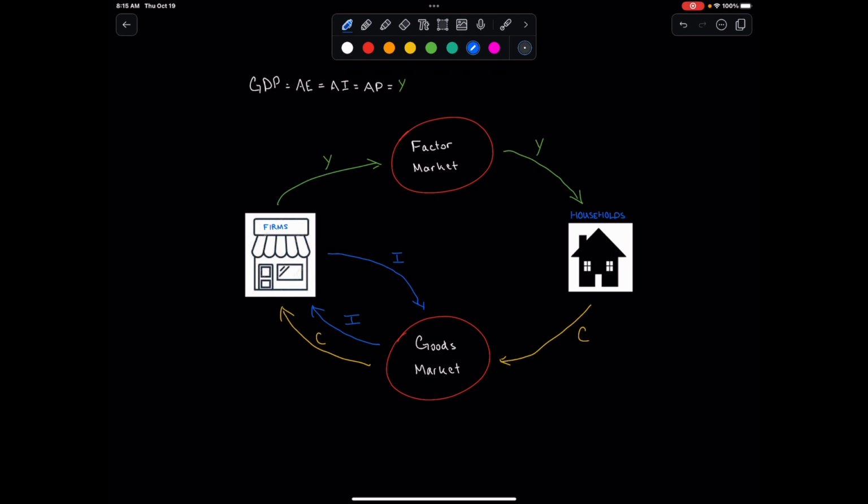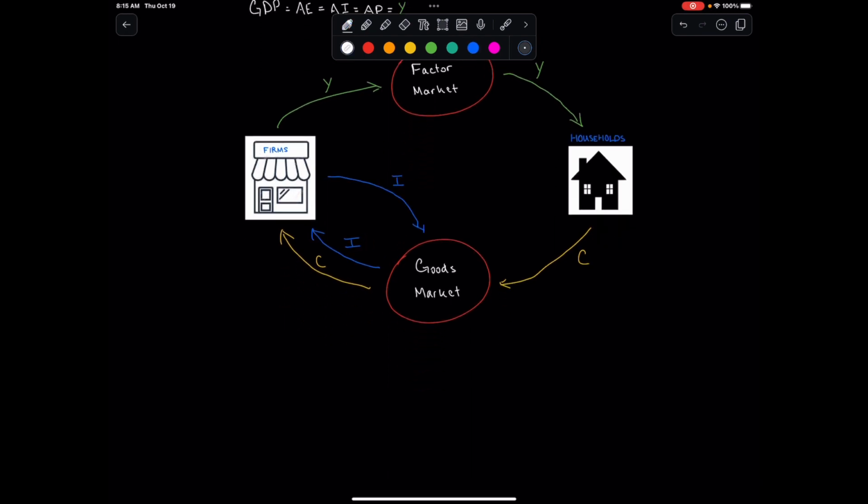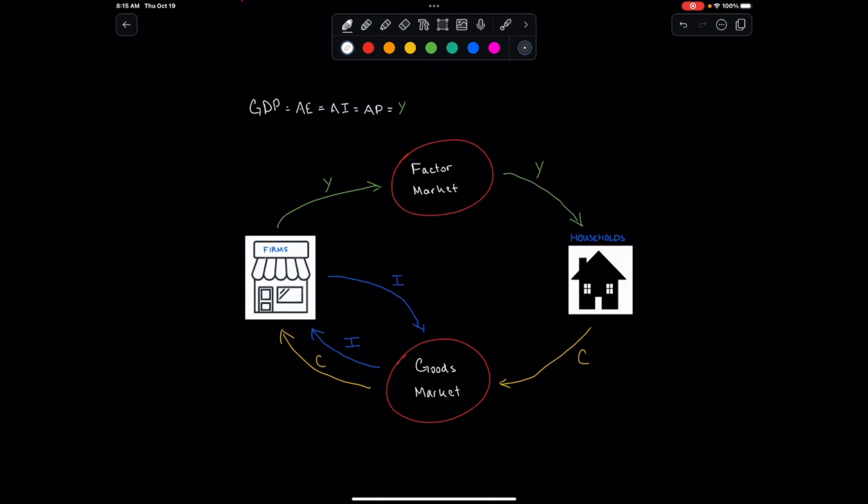Not only is this true up here, but we can also start deducting this. The GDP, the amount of money going through this cycle, before the blue here was equal to C. It's just whatever the household spent, and the firm would pay it back to the factor market.